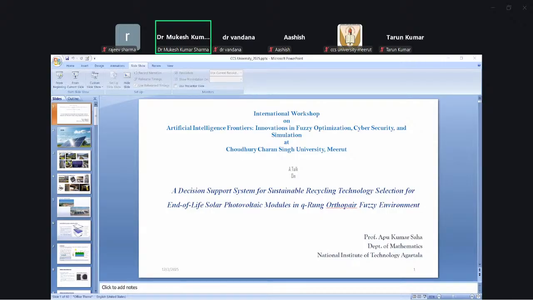Now, India, what is the status of India? In 2010, this was only 0.07 gigawatt, and in 2014 it was 3.78 gigawatt. From 2014 to 2018, it went from 3.78 to 23.29 gigawatt, and in 2022 it is 54.94 gigawatt.